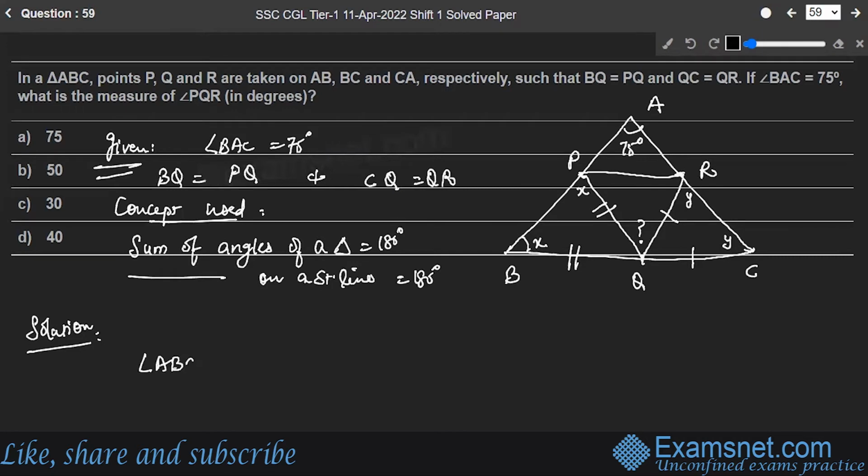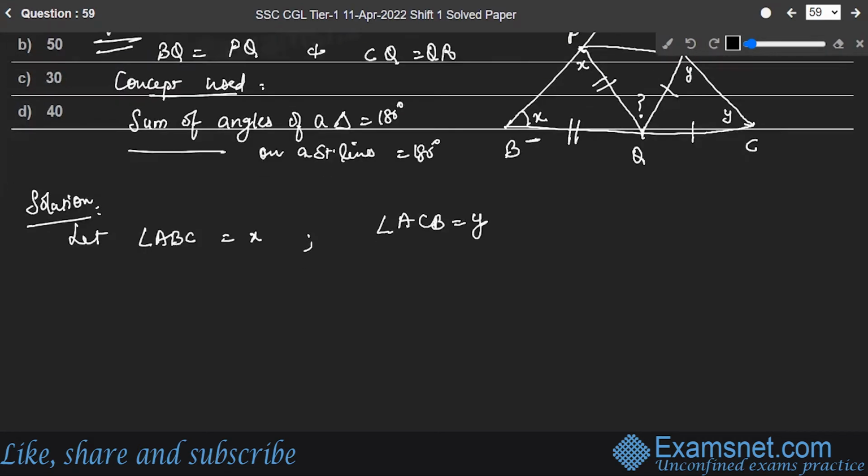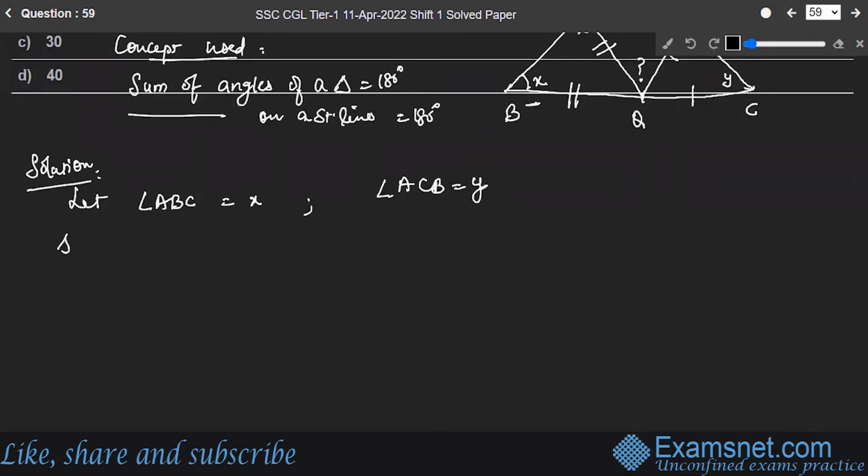Angle ABC is equal to X, let it be. And if this is X, this is also X. Also angle ACB, I'm assuming it to be Y. Then angle ABC is equal to angle PBQ is equal to angle QPB is equal to X. Why?